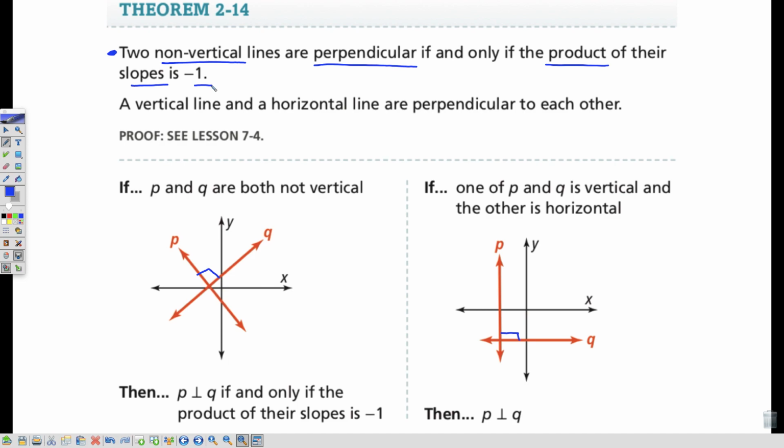Meaning the two slopes, and this is your next line, are negative reciprocals.